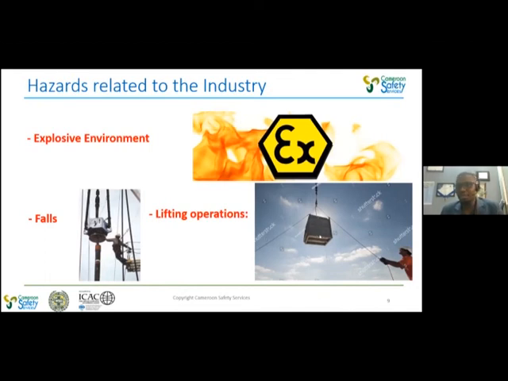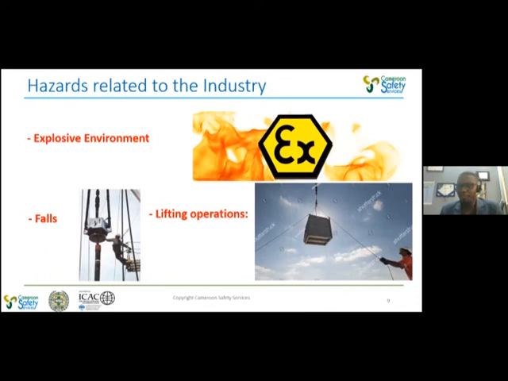We have also lifting operations. Lifting operations are also one of the main causes of accidents on the rig. During lifting, there are guidelines to be followed. The people involved in the lifting operations need to be aware of the different hazards because they have to move tools that have been transported from town to the rig site carefully.